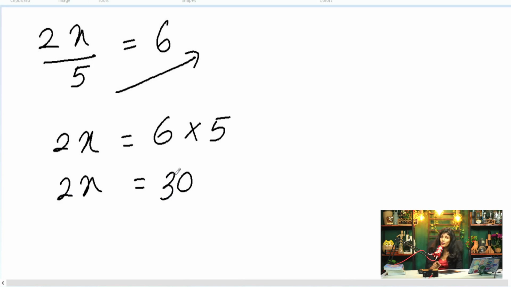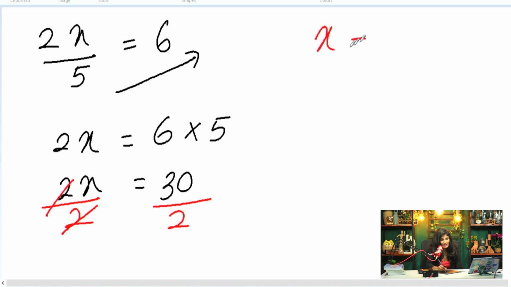But, small problem, that is 2x. We don't need 2x. We just want x. So, we will divide both sides by 2. Then 2 and 2 are cancelling out. Only x is remaining. 30 divided by 2 is equal to 15. Done. That's it.